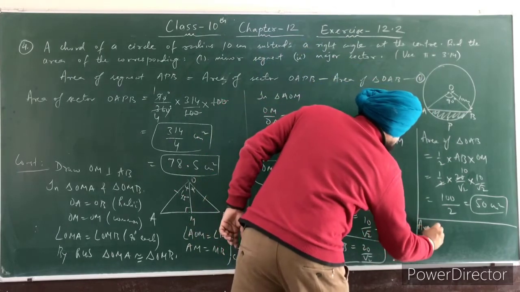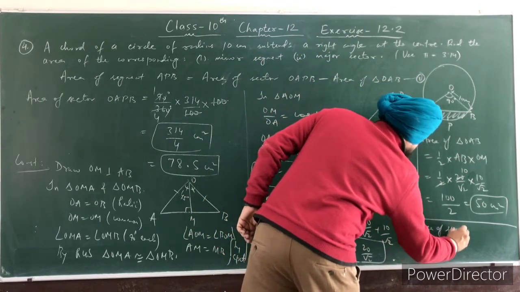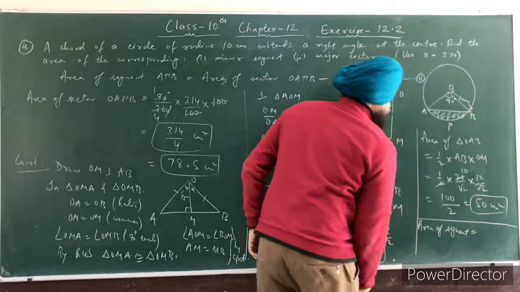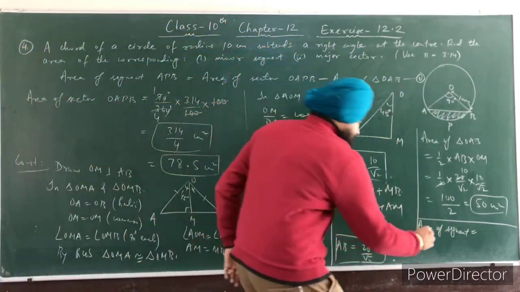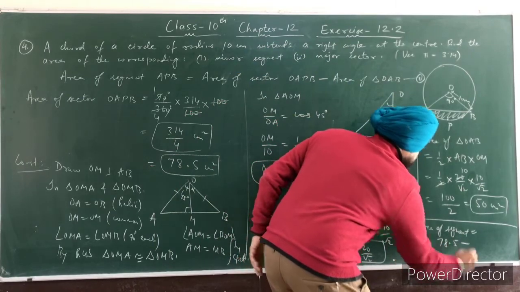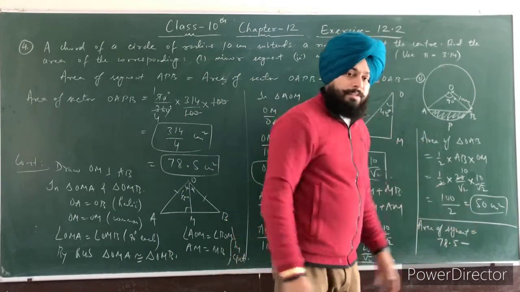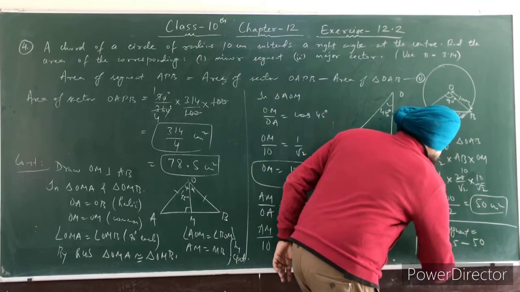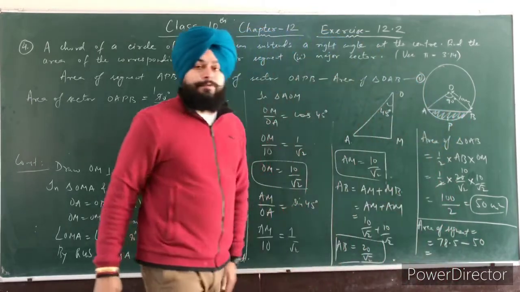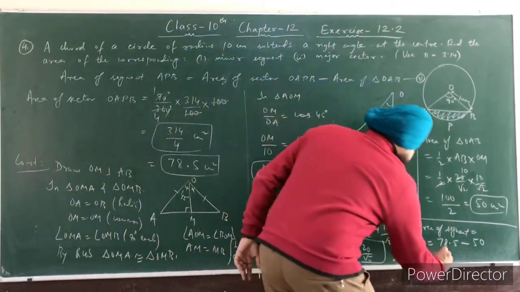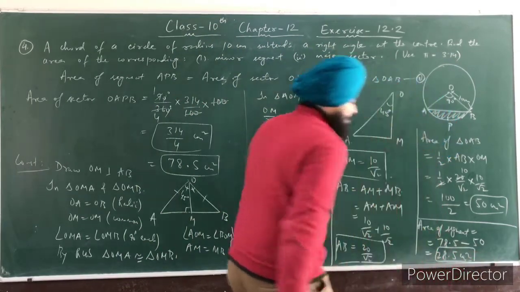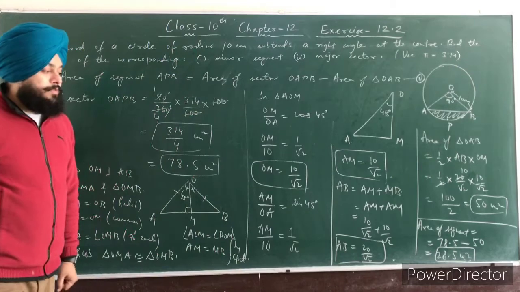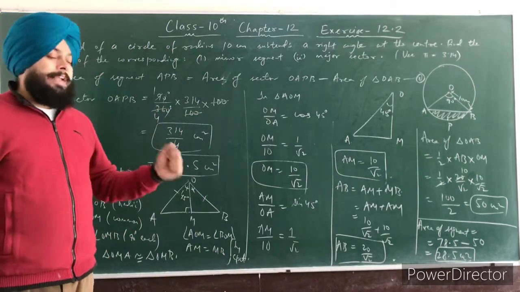Area of segment is area of sector, 78.5, minus area of triangle, 50 centimeter square. 78.5 minus 50 is 28.5 centimeter square, which is the area of the minor segment.